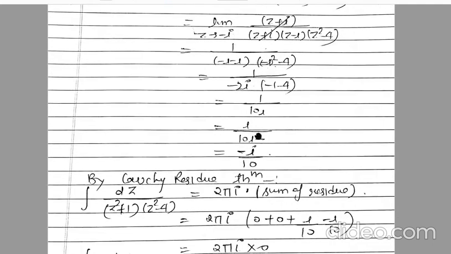This will be cancelled out, and after applying the limit you get 1 upon (minus 2i)(iota square minus 4), and iota square is minus 1, so that means you get 1 upon 10i. Multiplying numerator and denominator by iota, you get the answer minus iota upon 10.